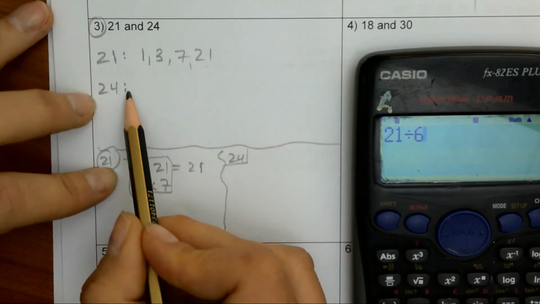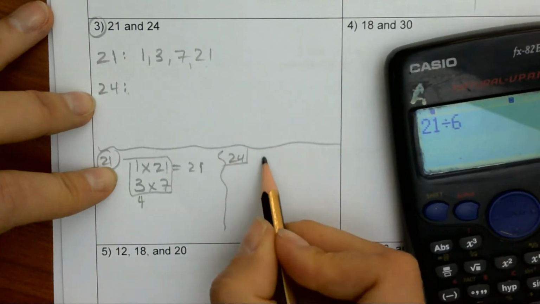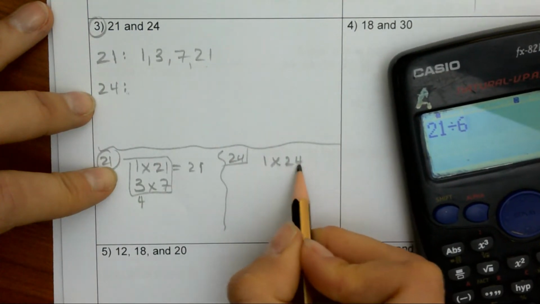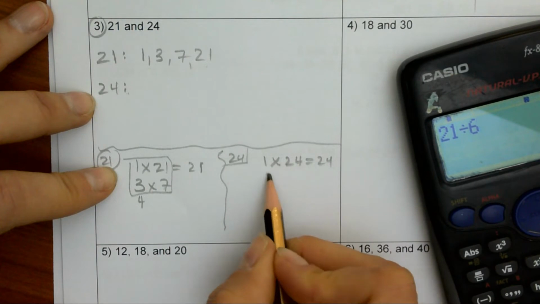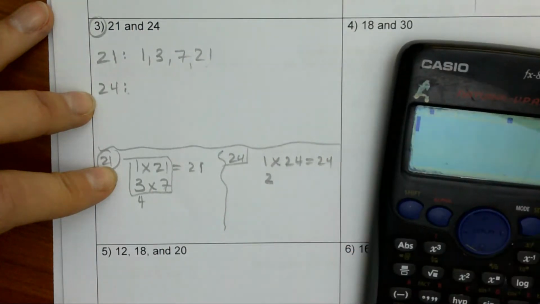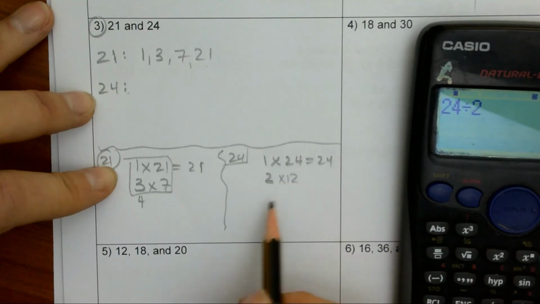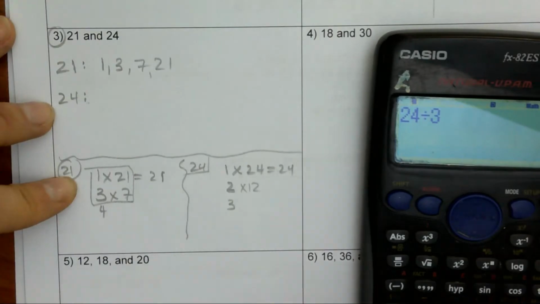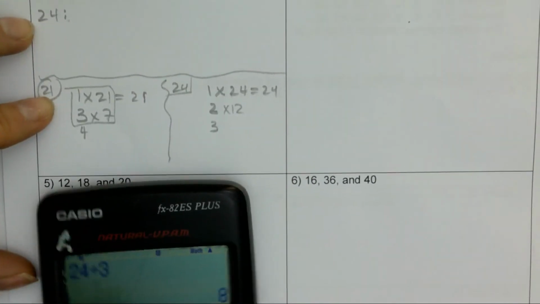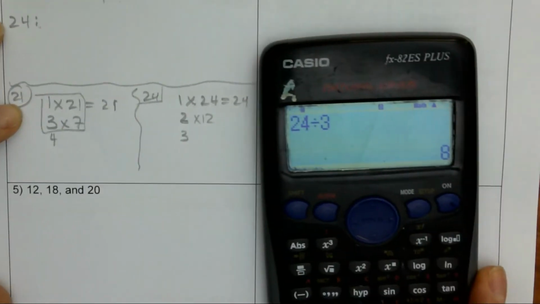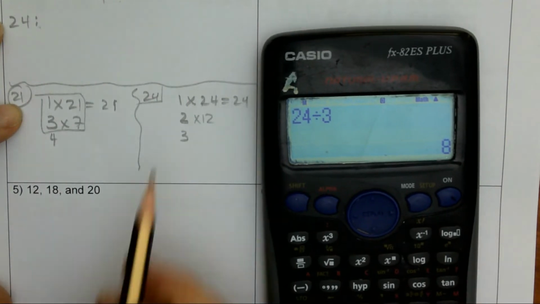Now let's do the factors of 24. Always start with 1 times the number. Does 2 go into 24? Yes, because it's even. So it's 12. Does 3 go into 24? 8. Oops, you can't see. Let's do it here. Can you see now? 24 divided by 3 is 8.